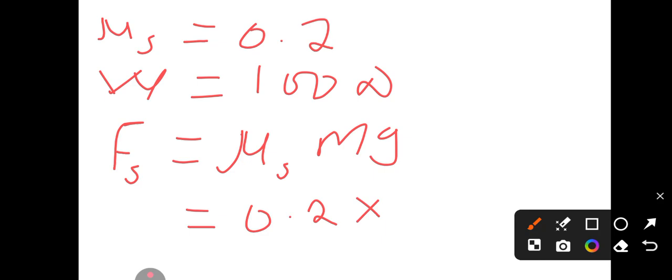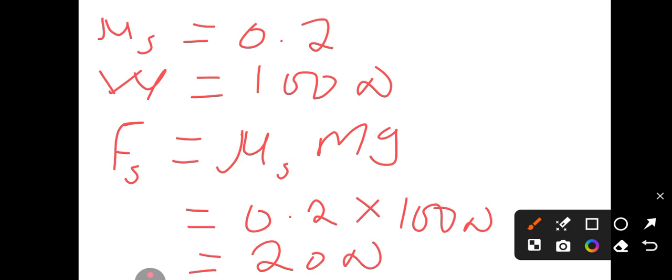The weight, we have been told, is 100 Newton. If you multiply 0.2 by 100, you will find that the answer is 20. So the maximum force to hold the surfaces from moving is 20 Newton. The maximum force which can be applied on the object while it is still not moving is 20 Newton.